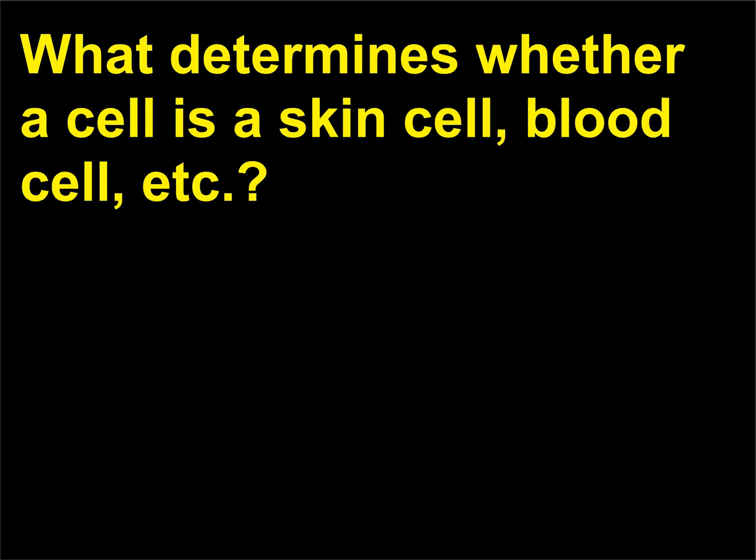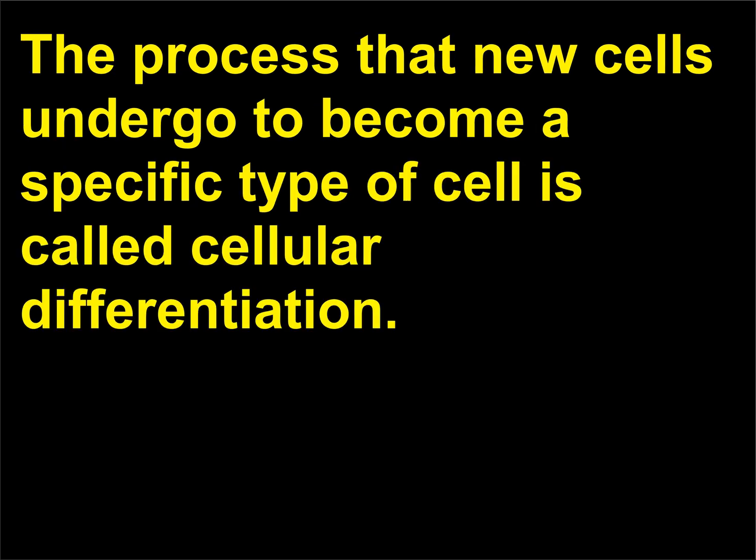What determines whether a cell is a skin cell, blood cell, etc.? The process that new cells undergo to become a specific type of cell is called cellular differentiation.